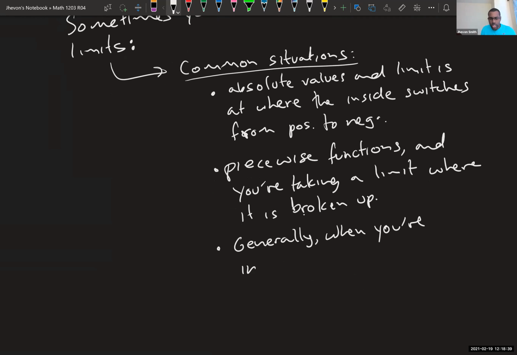You just want to tread carefully to make sure you're not making a mistake. You'd probably want to just consider one side at a time. It might be easier for you to conceptualize when you're in a weird situation and want to tread carefully.